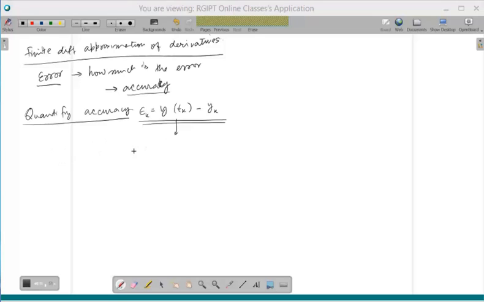In general, y k plus 1. So suppose I am using forward Euler.